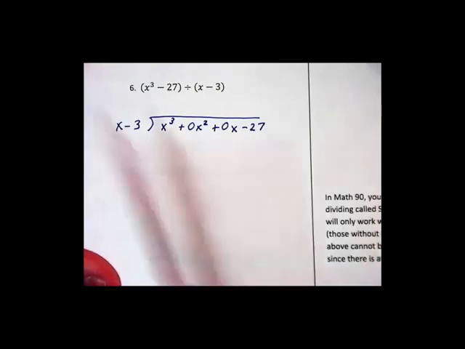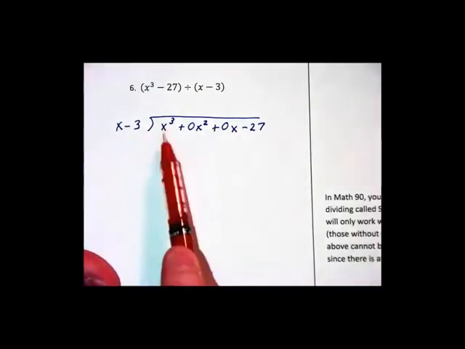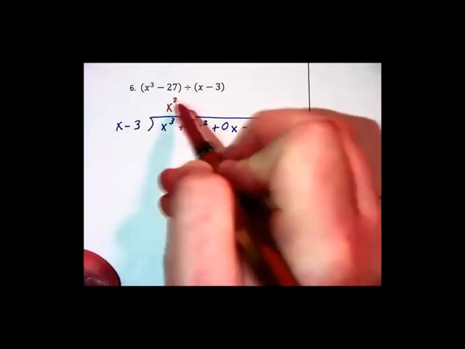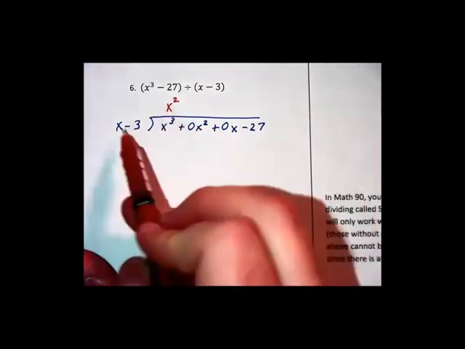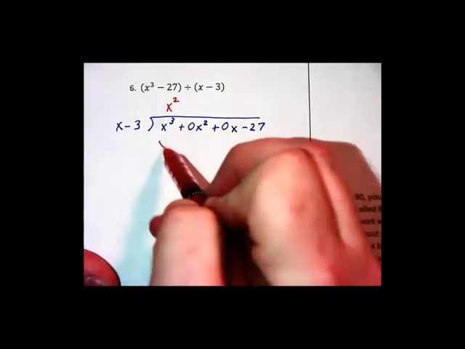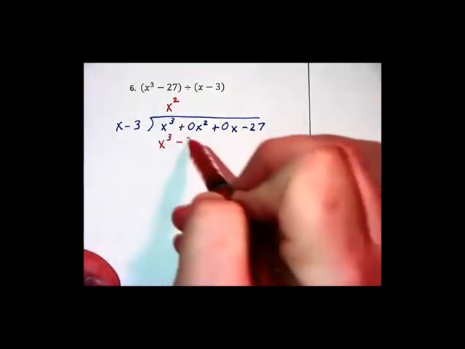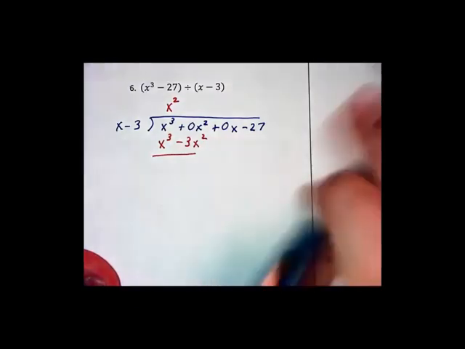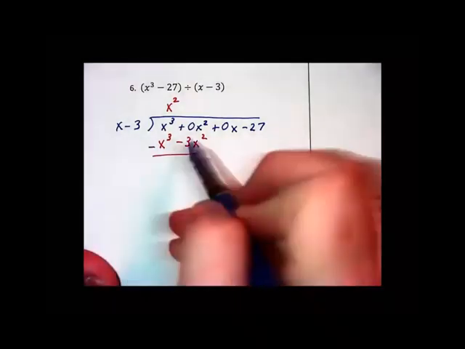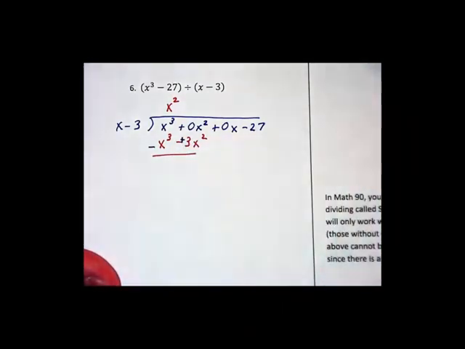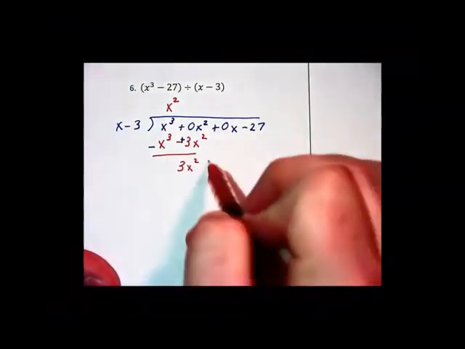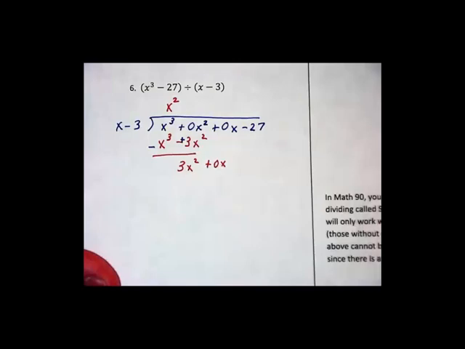Okay, let's finish this off. X times what makes x to the 3rd? The answer is x to the 2nd up top. X to the 2nd up top multiplied by each on the side gives us x to the 3rd minus 3x squared. Add the opposite, minus then plus. Adding down now, we have 3x squared, bring down our 0x.